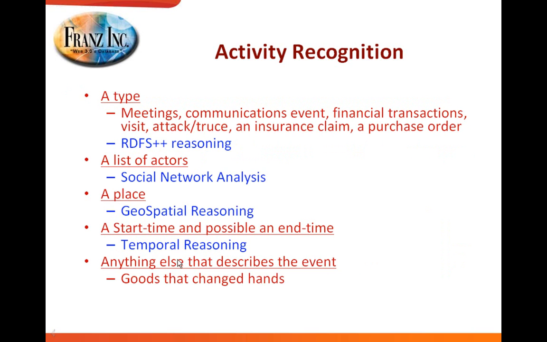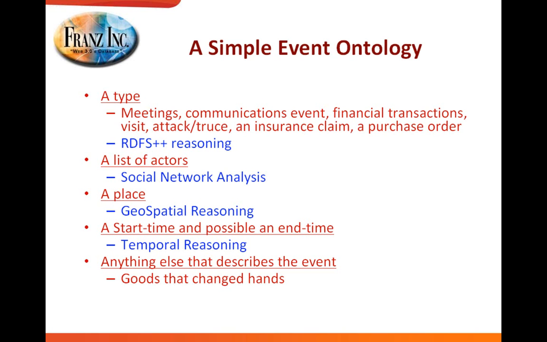Now, I was talking about that this works on top of events, so we provide a very simple event ontology. Basically, events are things that have a type. It could be a meeting, a communication event, a financial transaction, and what do you have? A list of actors. Sometimes it's only one, sometimes it could be a group. Events usually happen somewhere.